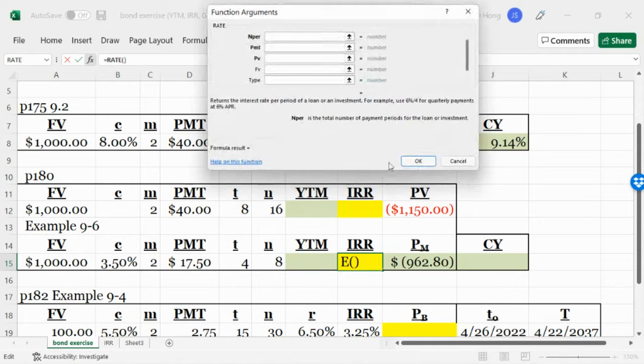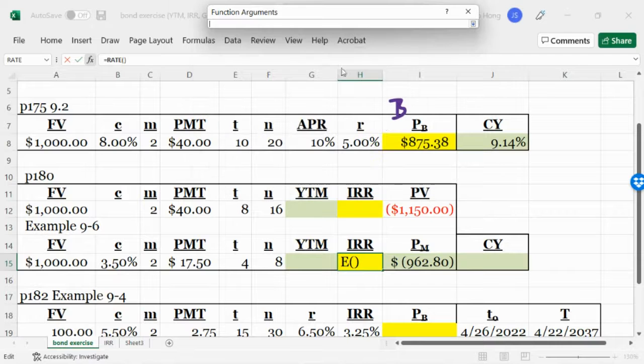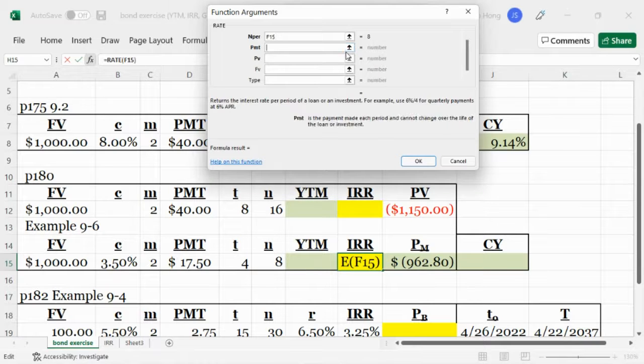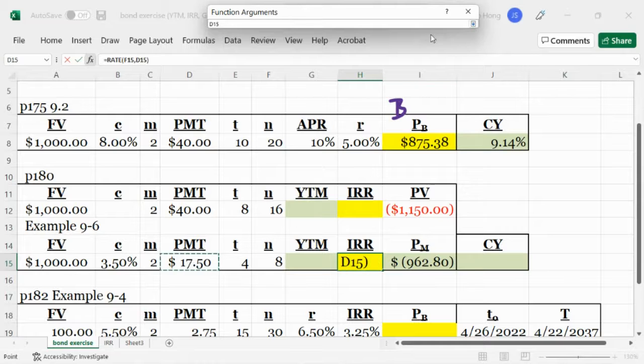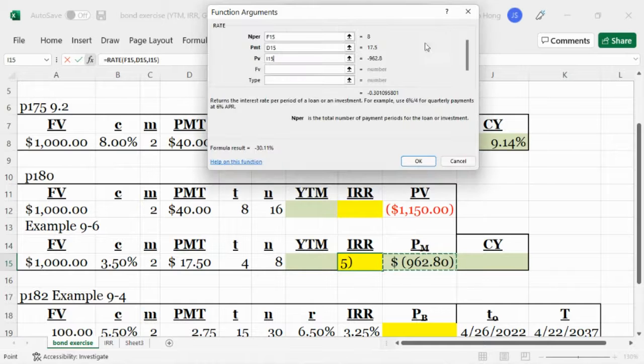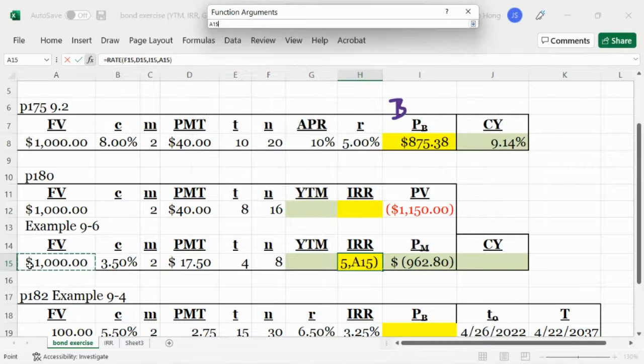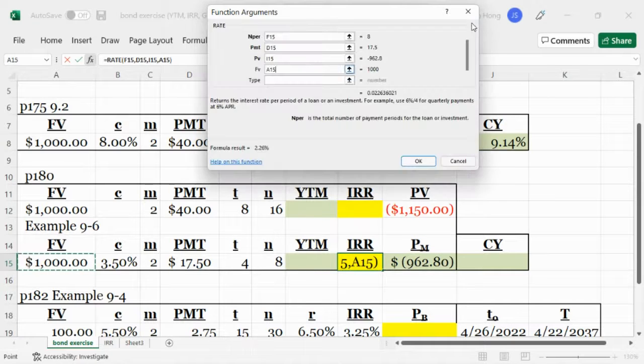And there you go, rate. And give it what it's asking for. N period, this is N. Payment, that's the payment. Present value, that's the present value. Future value, that's the future value.